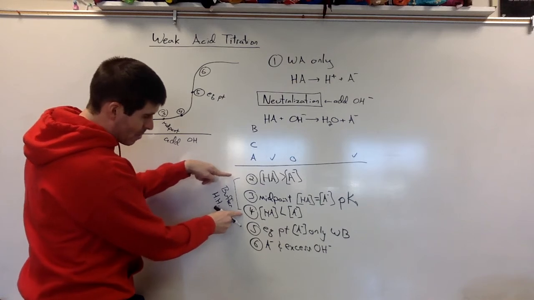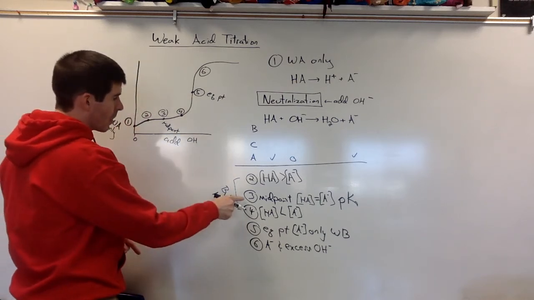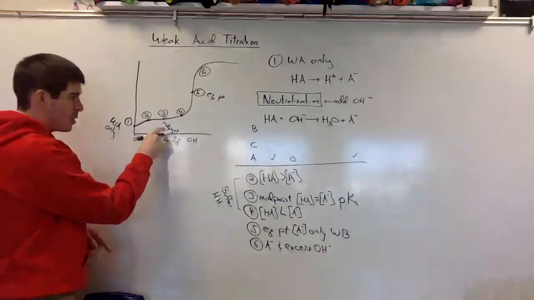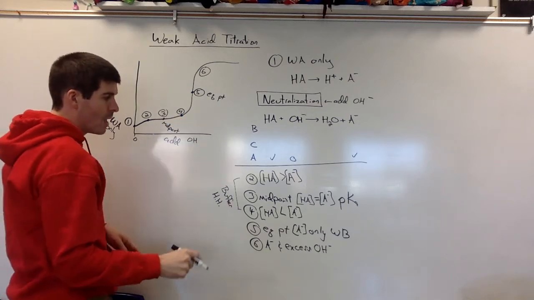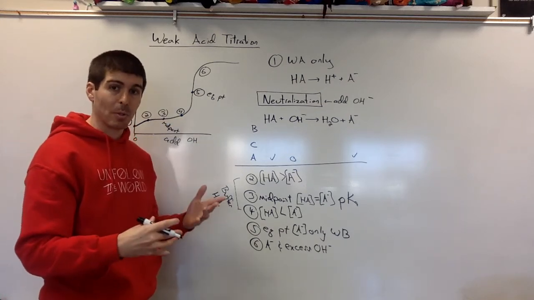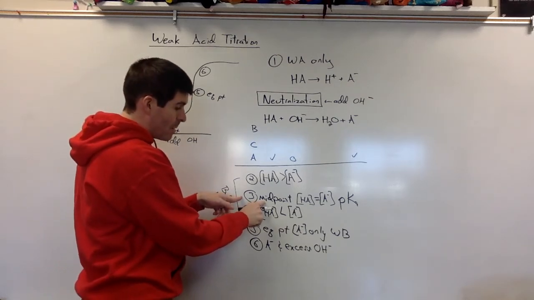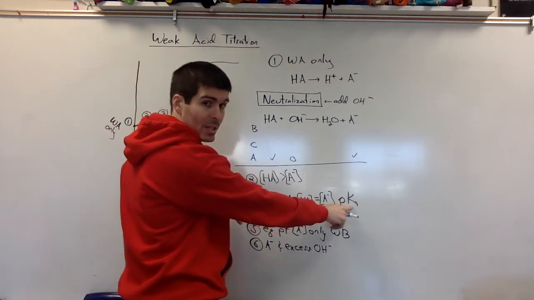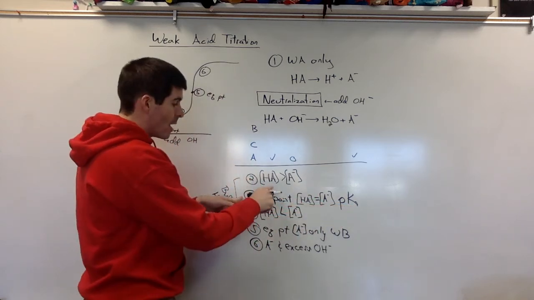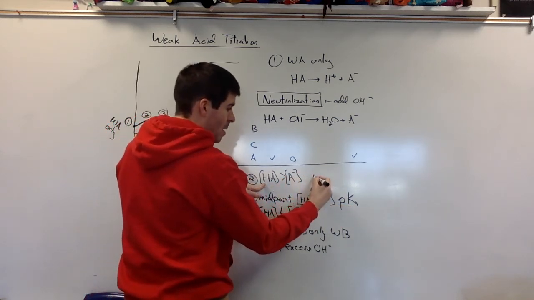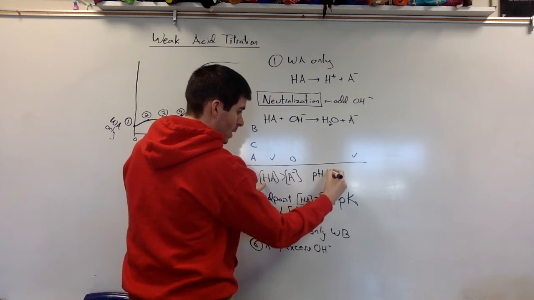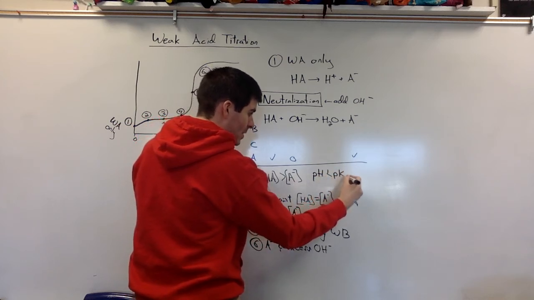I want to go back to this buffer region though. A little bit below the midpoint, you've got a midpoint and a little bit above it. That gives us a way to conceptually estimate the pH. If we're looking at the midpoint as the pH equal to the pKa, if I have a little bit more acid, my pH will be a little bit lower than the pKa because it'll be more acidic.